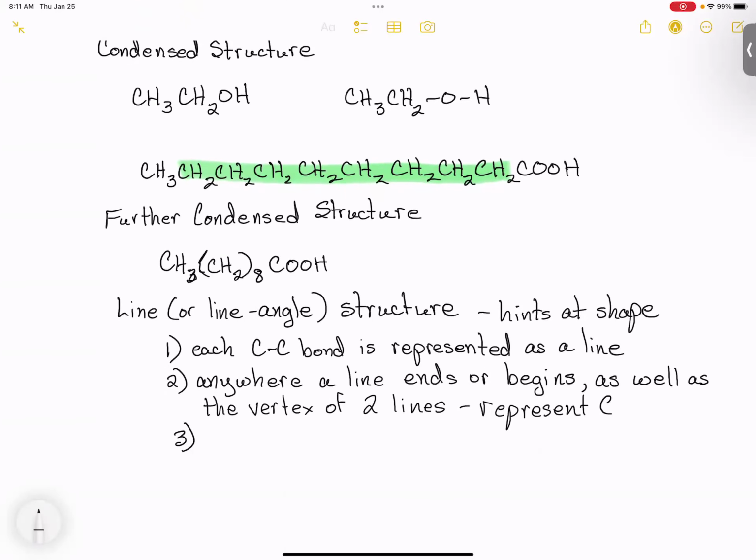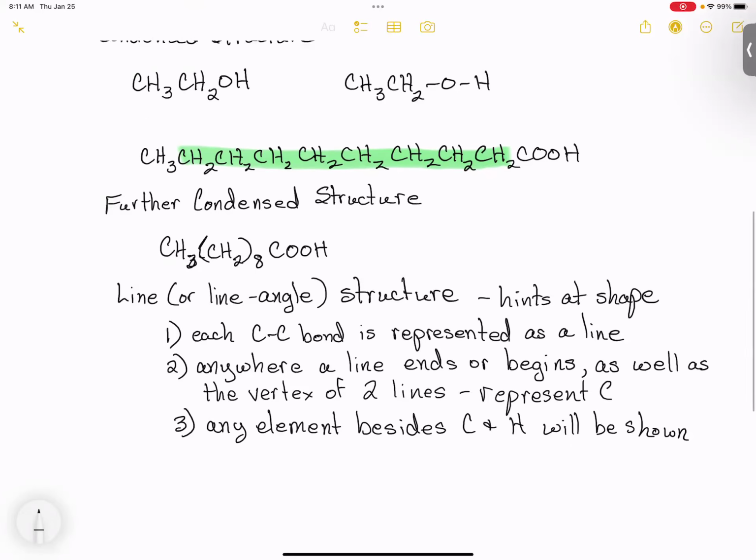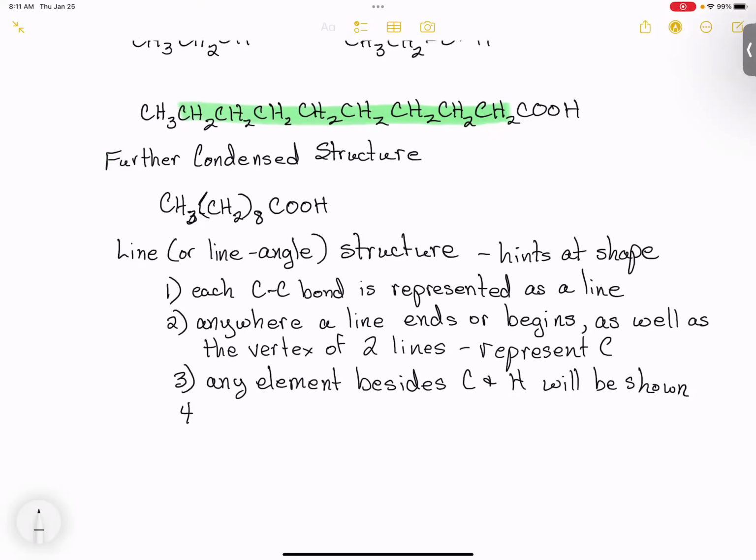Third thing to know is any element besides carbon and hydrogen will be shown. And the last thing you need to remember is that carbon has to have 4 bonds.